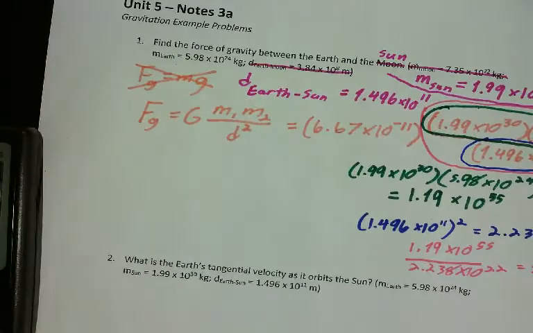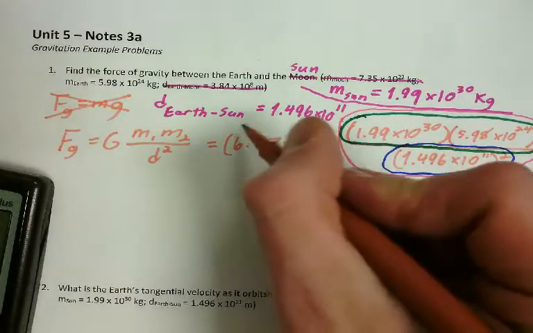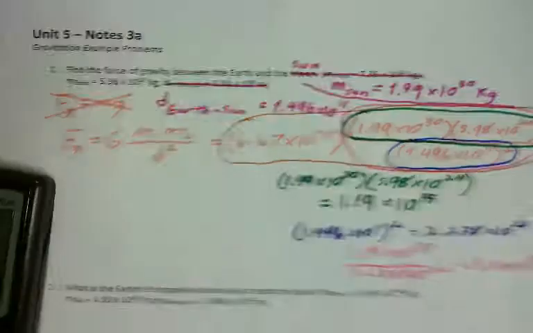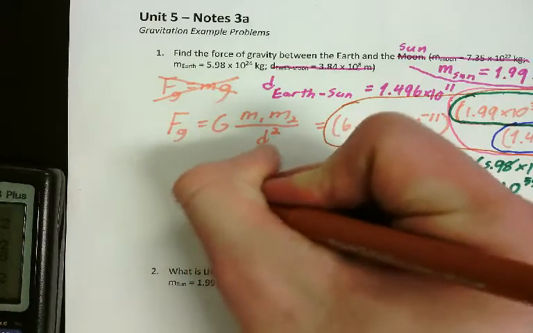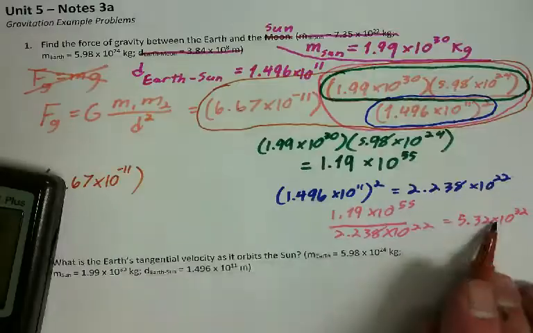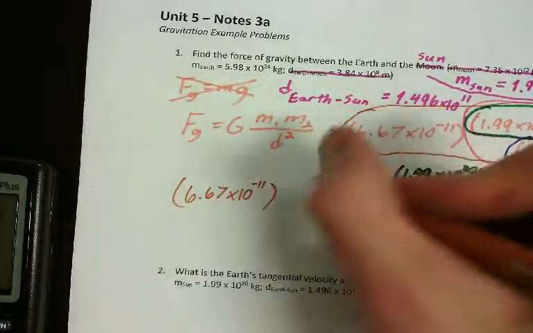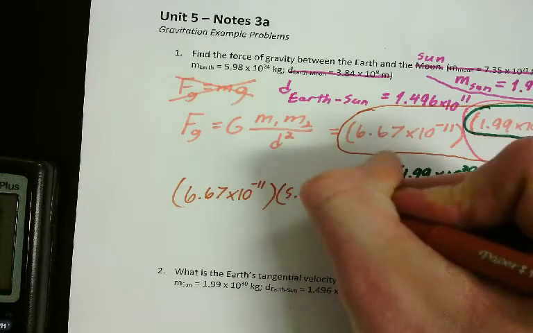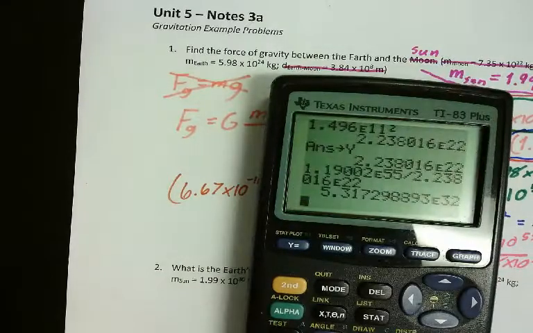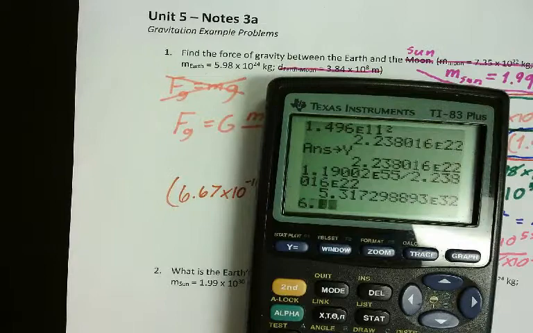All right, almost done. All that's left is to multiply my pink circle by the 6.67. All I got to do is finish it up. 6.67 times 10 to the negative 11th times this number I just got, 5.32 times 10 to the 32nd. 6.67.